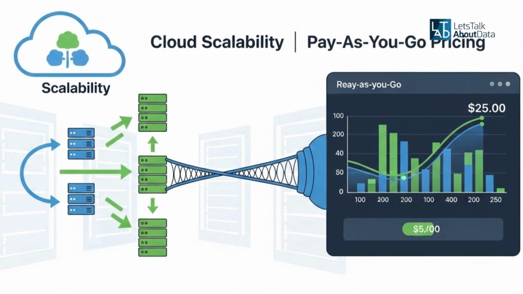Instead of physical servers, today's stack leverages scalable, cloud-based platforms that can grow dynamically with your data needs. The pricing model is consumption-based, meaning you only pay for what you use. This financial efficiency, often managed under a practice called FinOps, allows businesses to optimize both performance and cost.